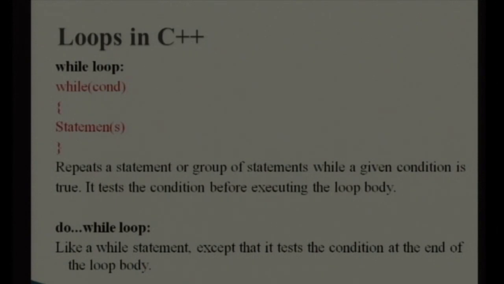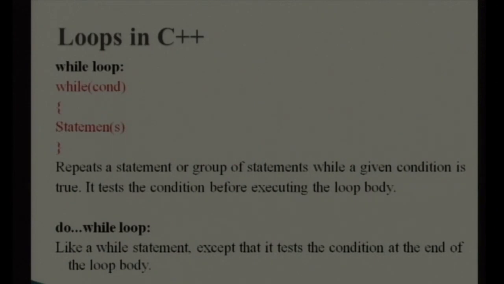Now, looping. Looping means repetition. If we are going to repeat the same set of statements again and again, then we use a loop. There are three loops which are generally very popular and used: the while loop, do-while, and for loop.